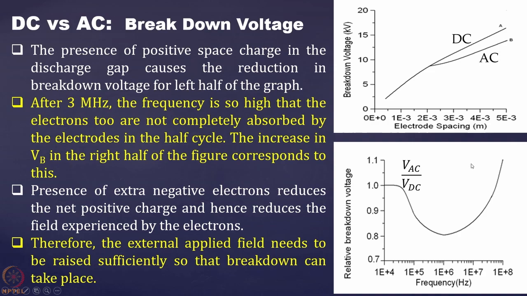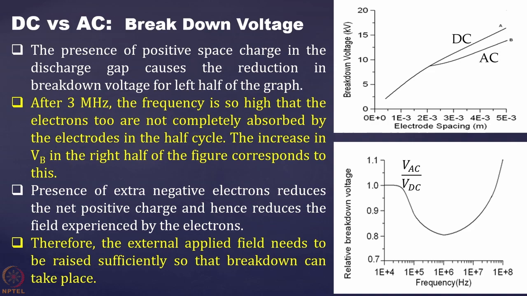This is because, as I told you, when the frequency is low, the charge which has been created during the discharge is all getting cleared. But as you are increasing the frequency, the positive space charge is staying there, not getting cleared, and that is giving you an additional benefit of electric field due to the charge that has been created, the positive space charge which has been created there and not collected on either electrode.